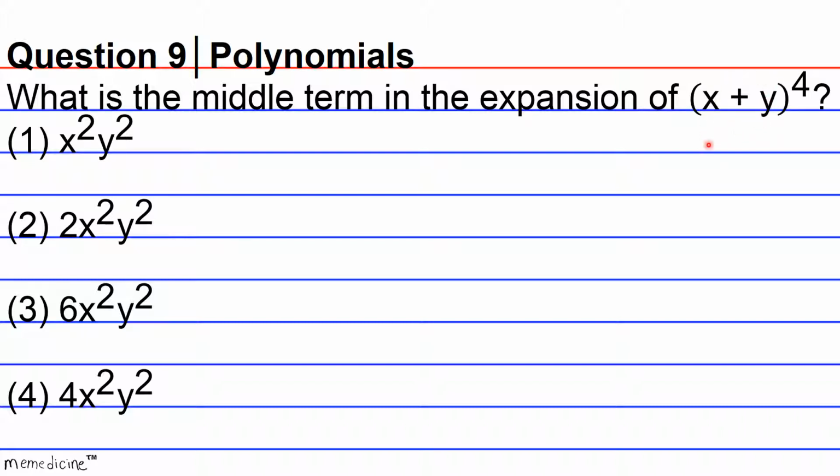Well, this is a binomial, okay? This is because x is a monomial term by itself and y is a monomial term by itself, and they're separated by either addition or subtraction, making this collectively a binomial term raised to an exponent.